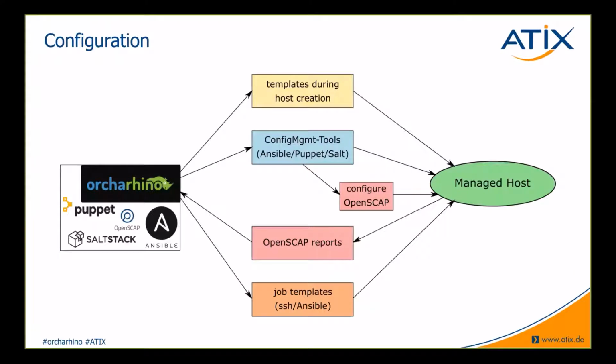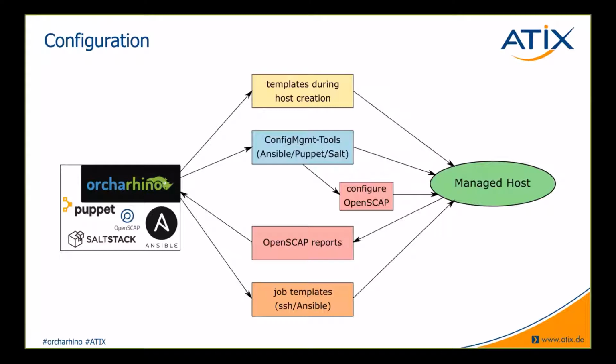The next part is that we want to have the configuration of our hosts. So in this case, we can use different tools to configure our host. So the first thing is that we can already configure the templates used during the host creation. So we can add our custom parts in the preseed, in the AutoYaST, in the Kickstart files to install additional services or configure them.